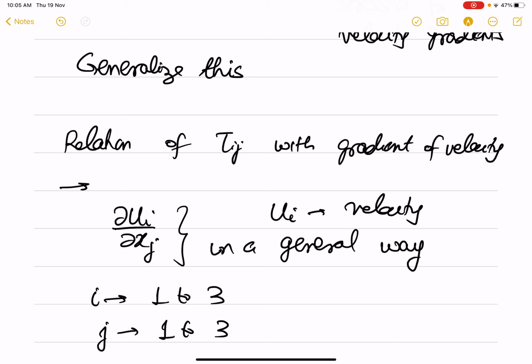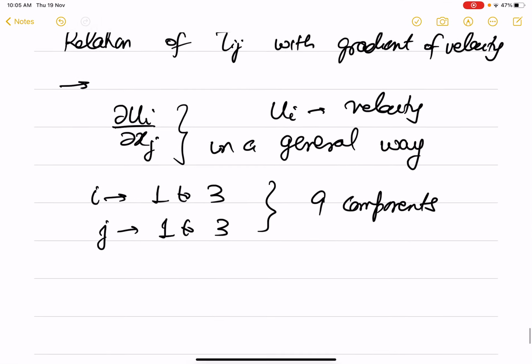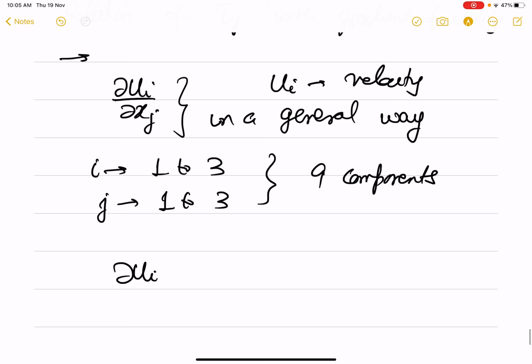So this term will have 9 components, and we will relate dui by dxj to tau ij. And of course this will be an assumption, and this we will see.